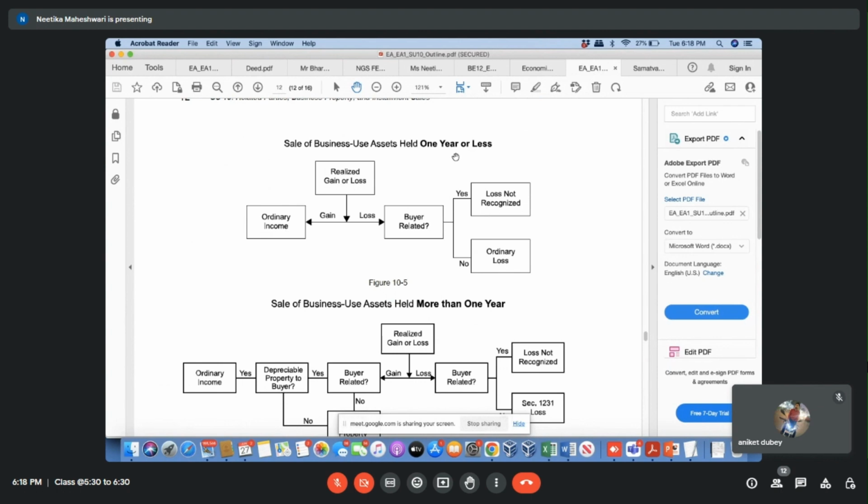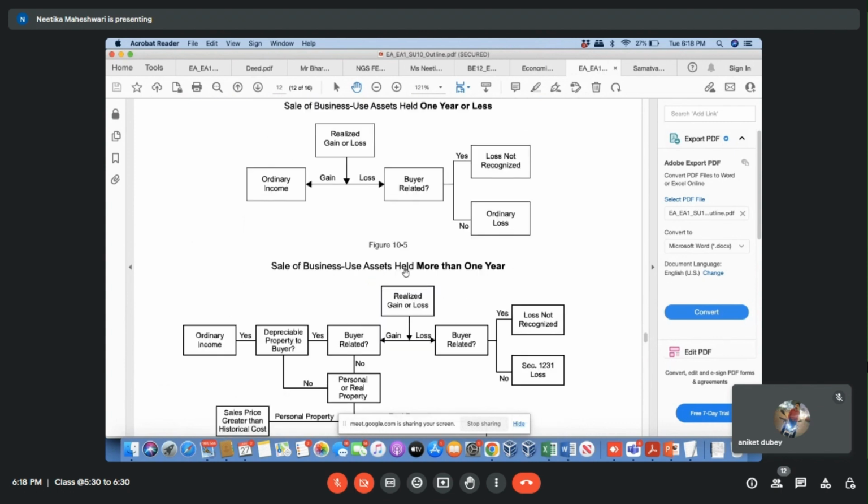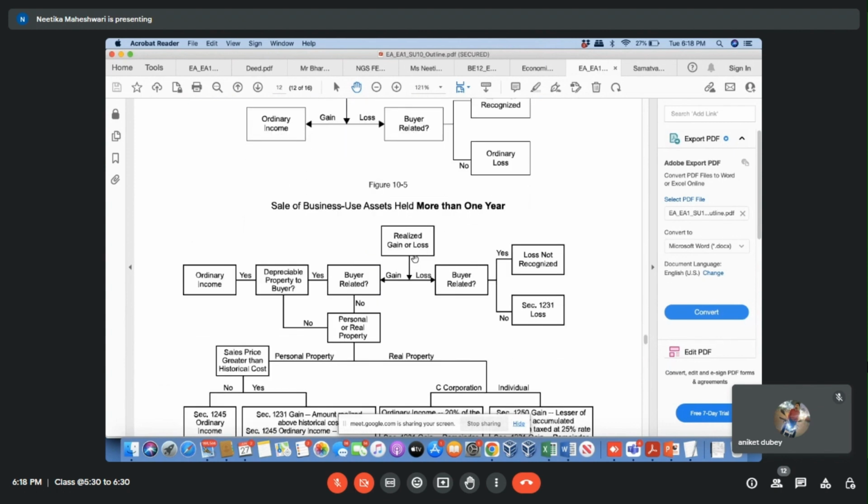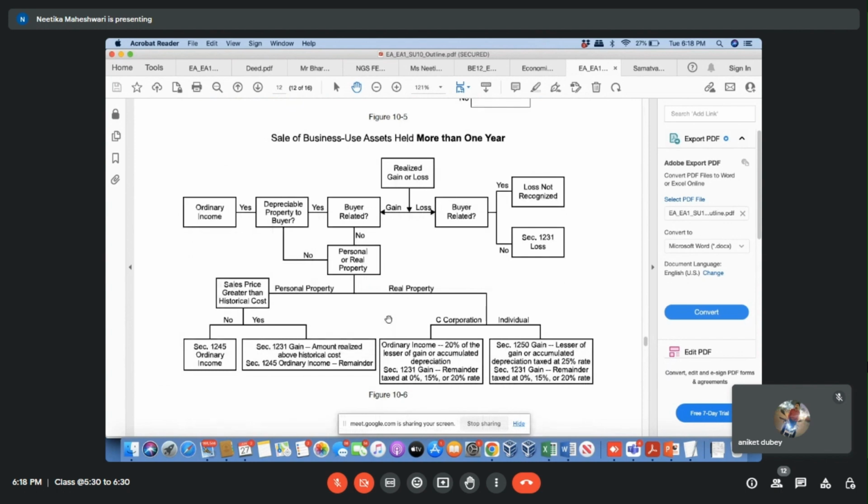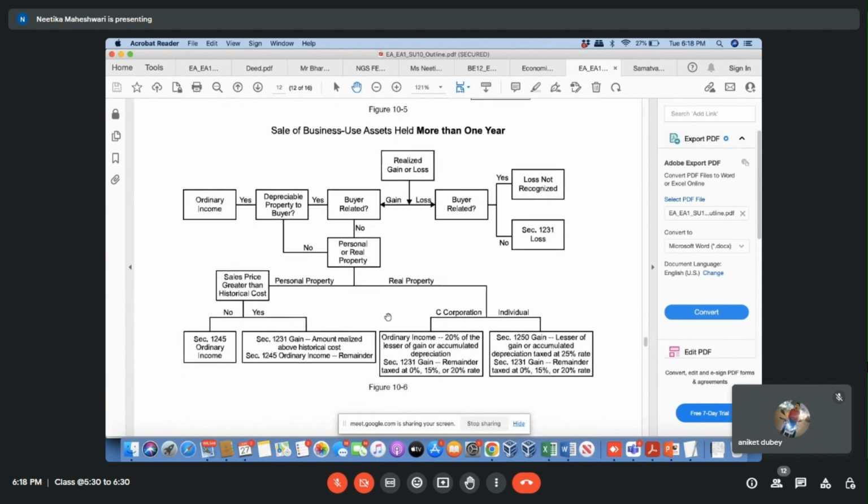But when the business asset is held for more than 1 year, then it gets complicated. Then we have to see how much is capital gain, how much is ordinary gain. We'll say if there is a realized gain or loss, if this is a gain, and if this is buyer related, again we'll have to see whether it's depreciable property to the buyer. If yes, then it could be ordinary income to the extent of depreciation taken.